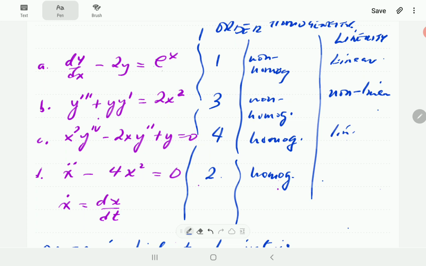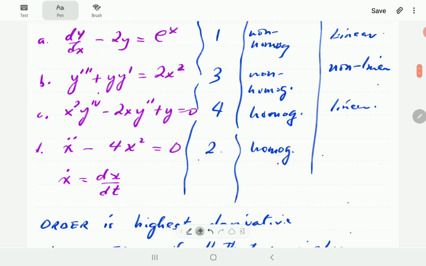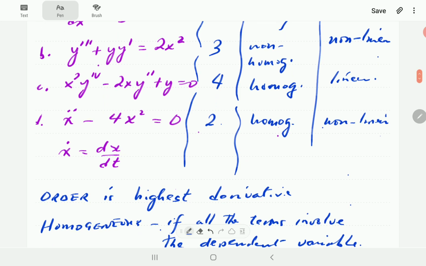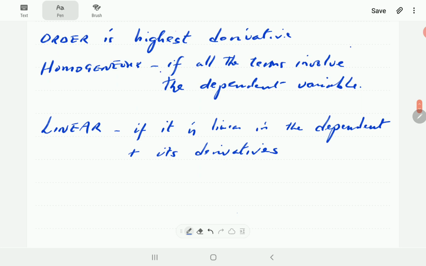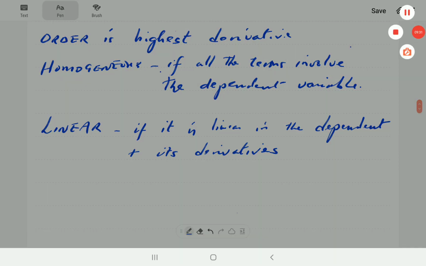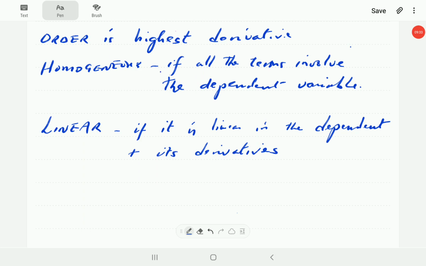So that equation is linear. And then the last one, the first term is linear, but the second term is non-linear because this is a quadratic term in x, which is the dependent variable in this case. So that is non-linear. All right, so that is order, homogeneity, and linearity.